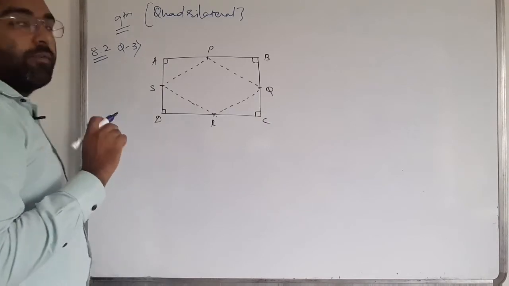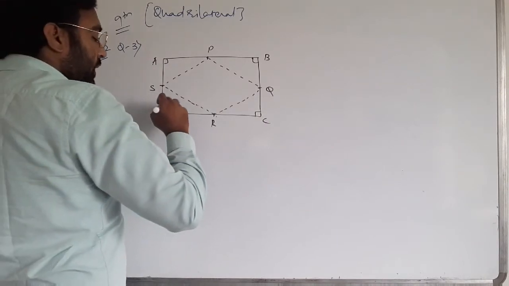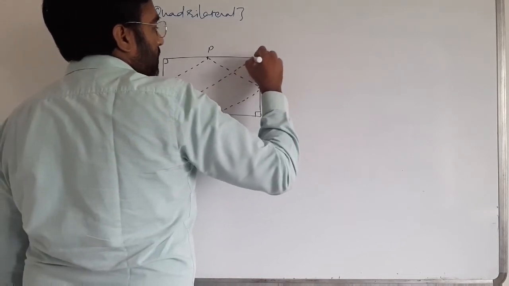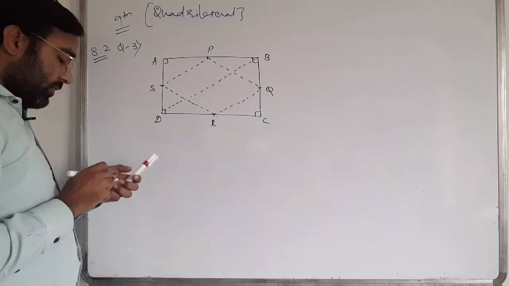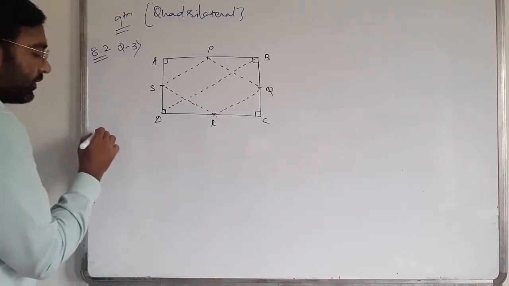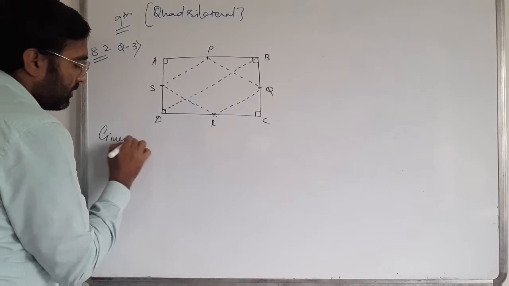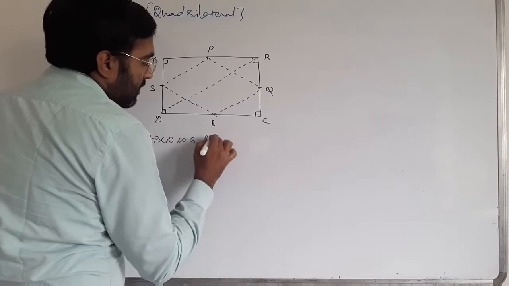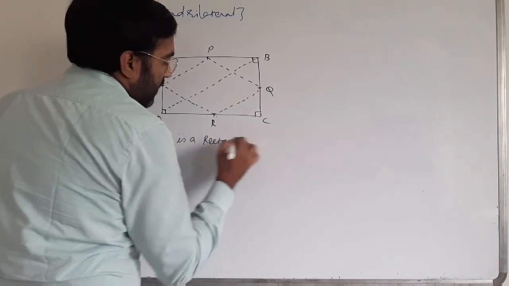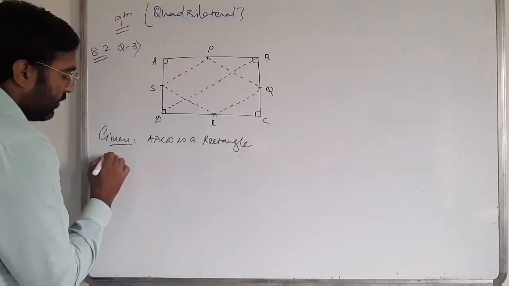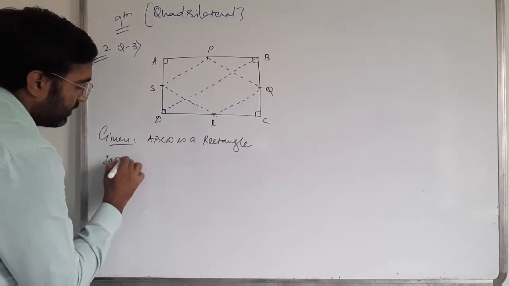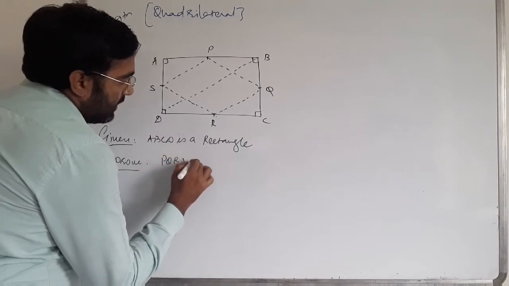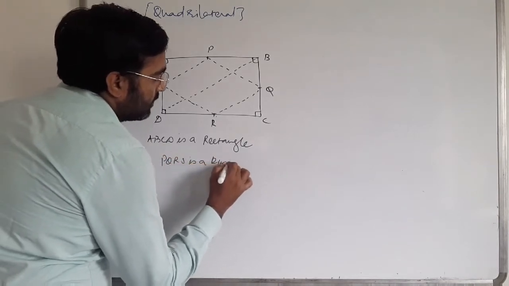Clear? So first of all I will draw one diagonal. As per the given, ABCD is a rectangle. To prove: PQRS is a rhombus.